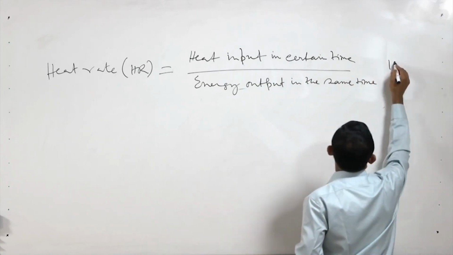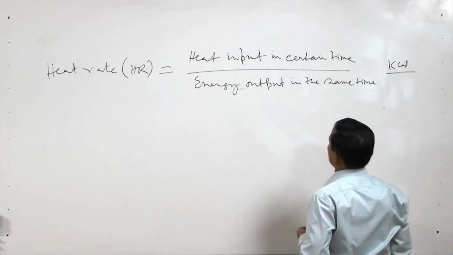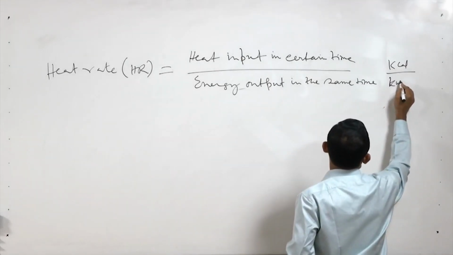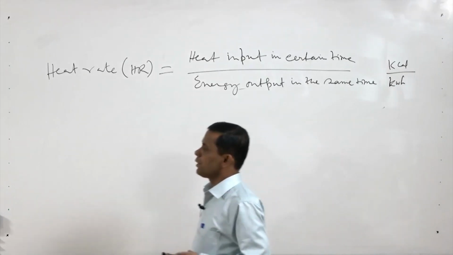So, this is kilocalorie and this is kilowatt hour. So, this is the unit of heat rate.